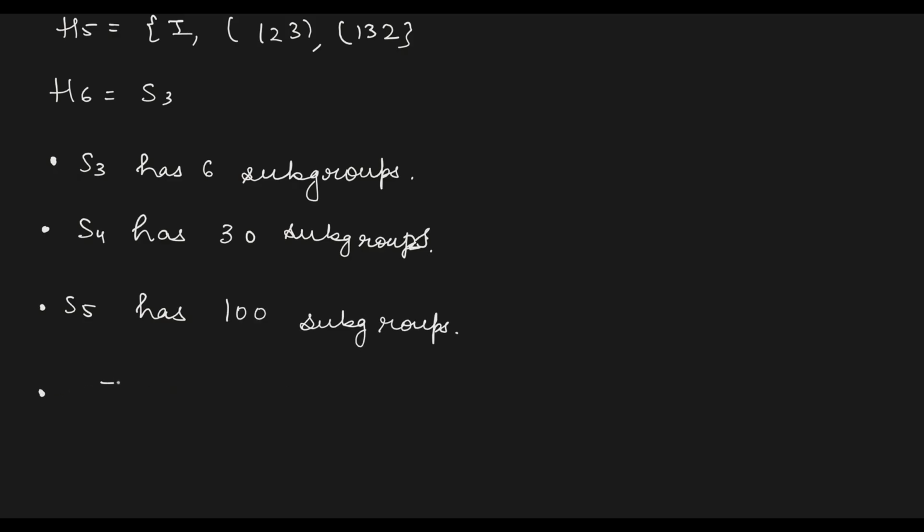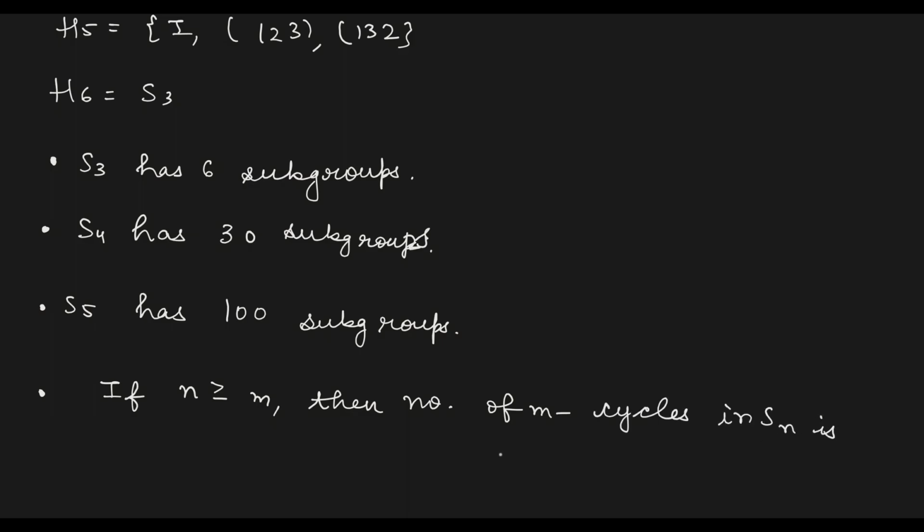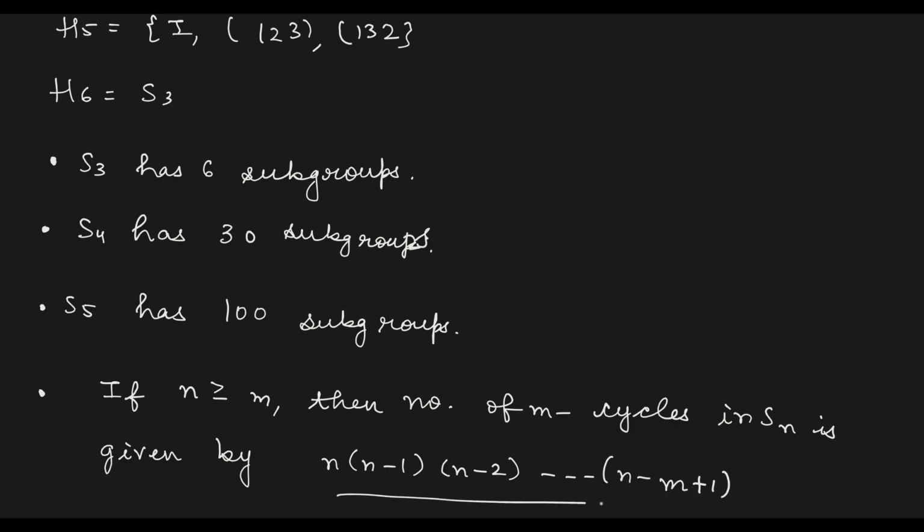So if n is greater than or equal to m, then the number of m cycles in Sn is given by n into n minus 1, n minus 2, and so on till n minus m plus 1, upon m.